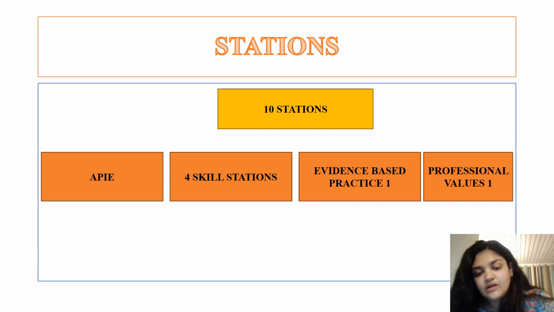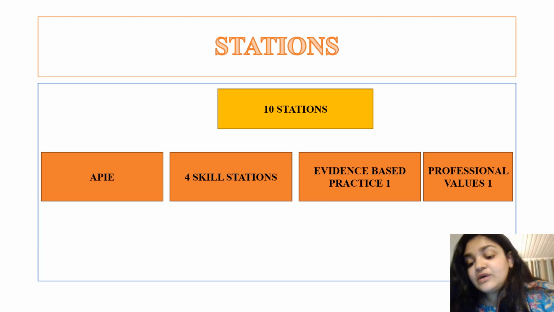So that's all about the stations. We have different time limits for each station, which we will discuss when we explain the stations in detail. It is just basic information, so we don't have to panic or get confused.